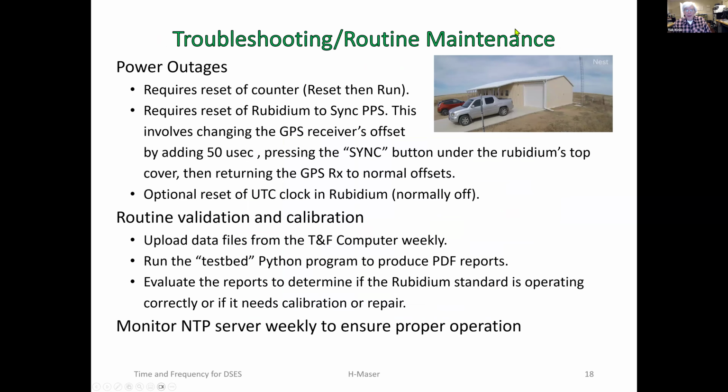So we do have some issues with this. It's not fully automated, we found out the hard way.